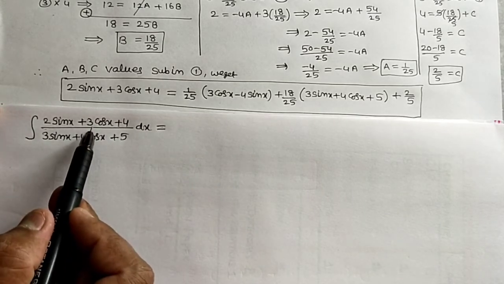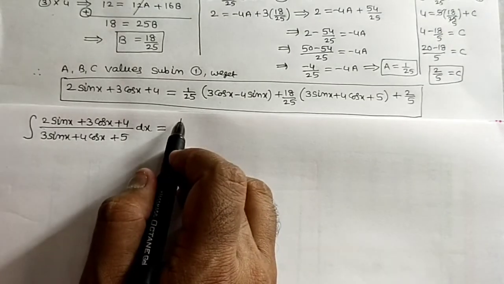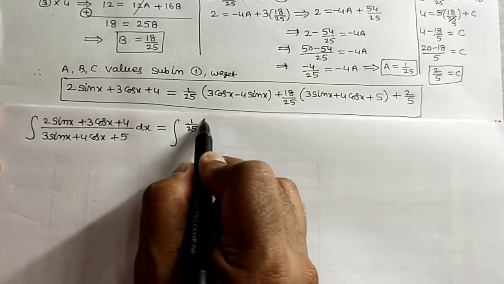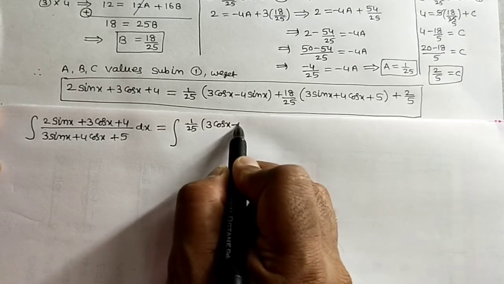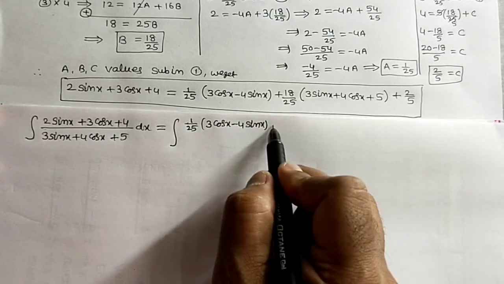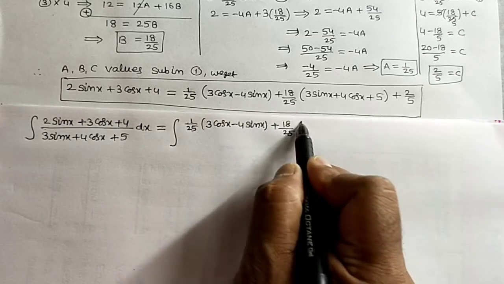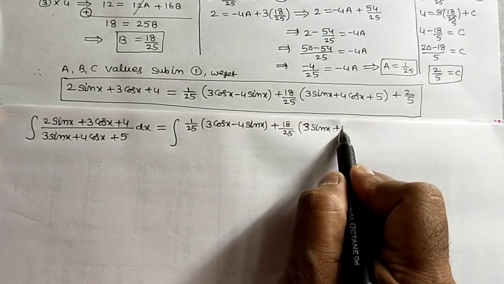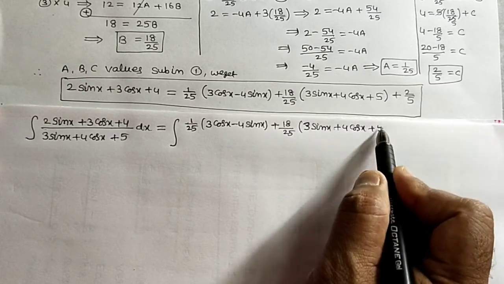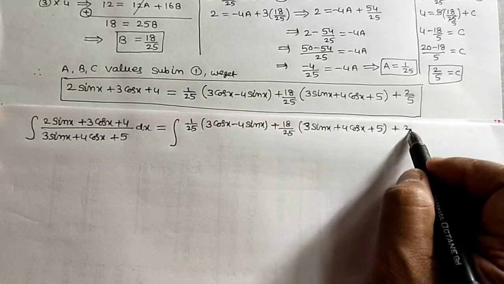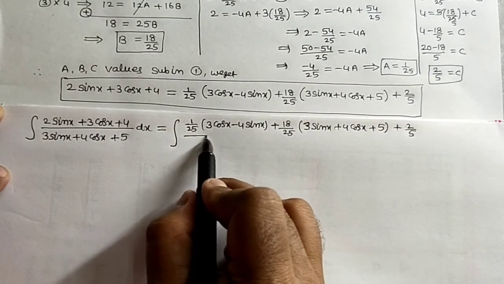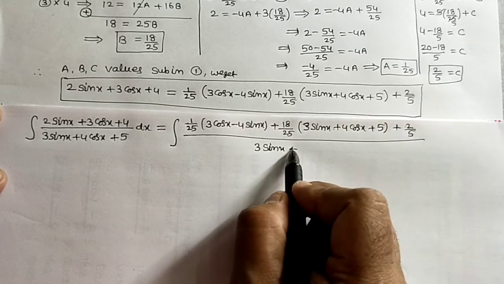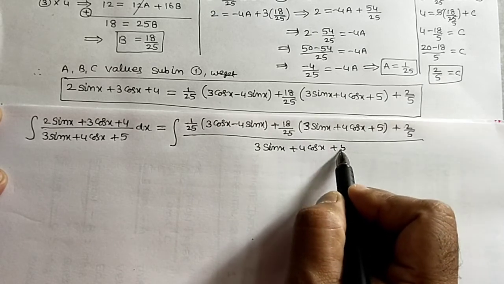Now in place of the numerator, you have to replace this value, which is equal to integral of 1 by 25 into 3 cos x minus 4 sin x plus 18 by 25 into 3 sin x plus 4 cos x plus 5, plus 2 by 5, whole divided by the denominator 3 sin x plus 4 cos x plus 5 into dx.